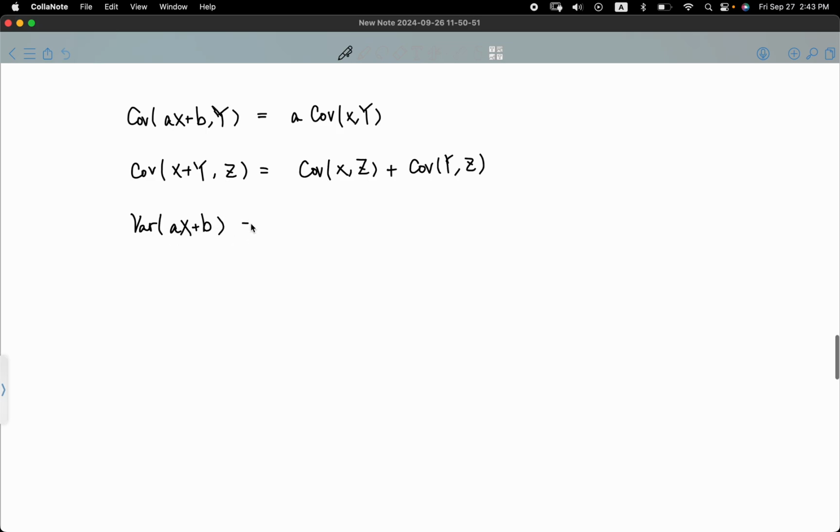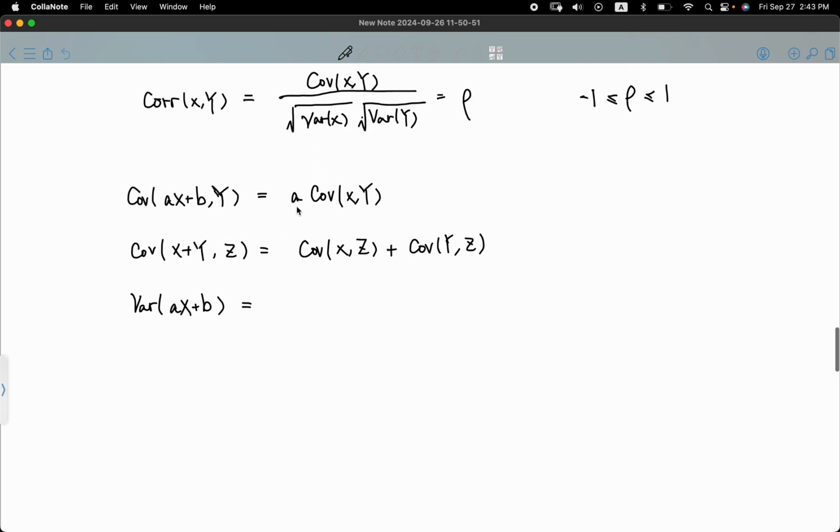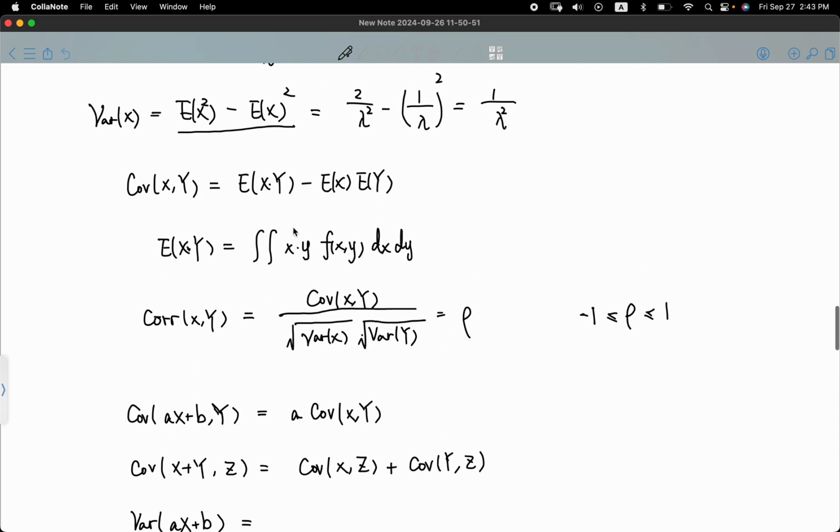And then also, just to mention what we have said earlier, the variance of ax plus b. Let me put it here as well. So the covariance of x and x here.